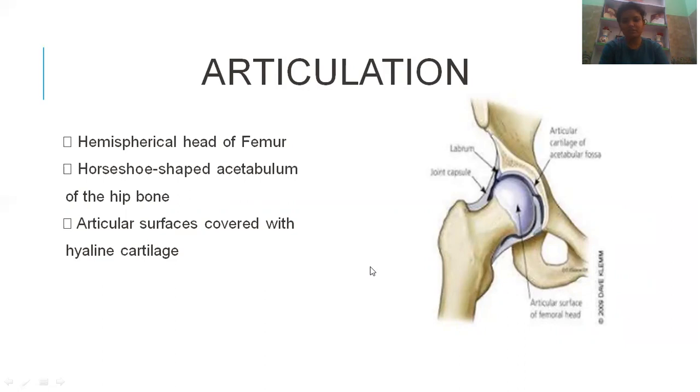Articular surfaces are covered with hyaline cartilage. Here, this bluish part is the hyaline cartilage on both sides, which covers the articular surface. Most of the joints are covered by hyaline cartilage.